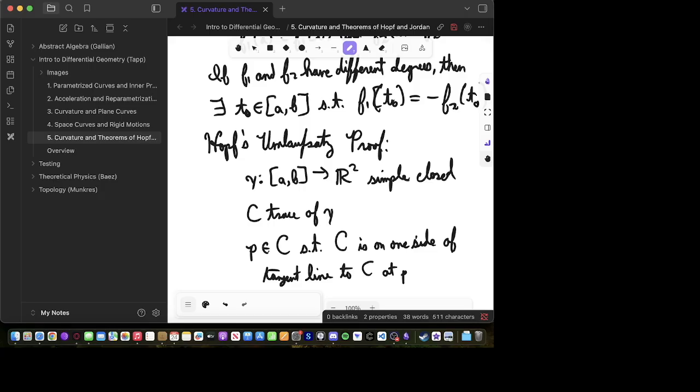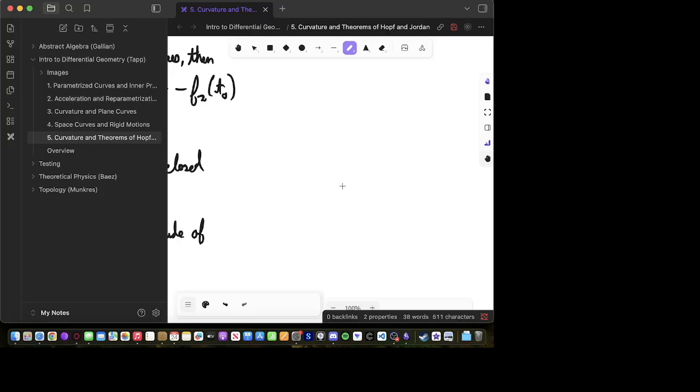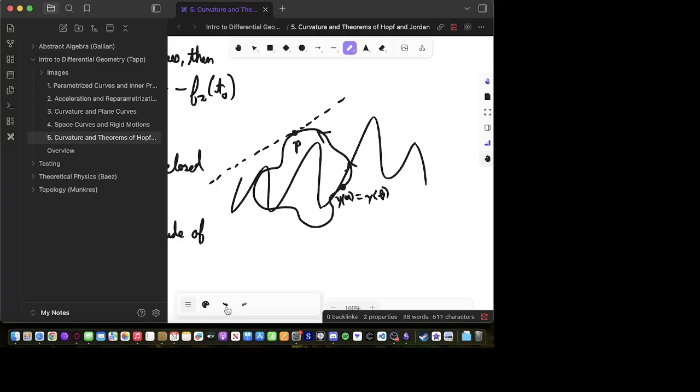So what that basically means is, suppose we have a curve that goes this way. This is gamma of A equals gamma of B. Suppose we have a point P here, and its tangent line seems to be such that the trace of the curve is on one side of the tangent line, not the other side.